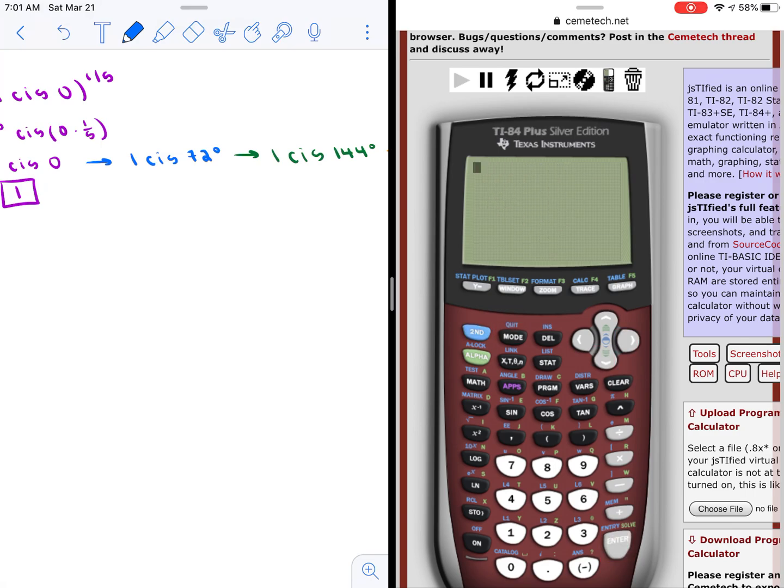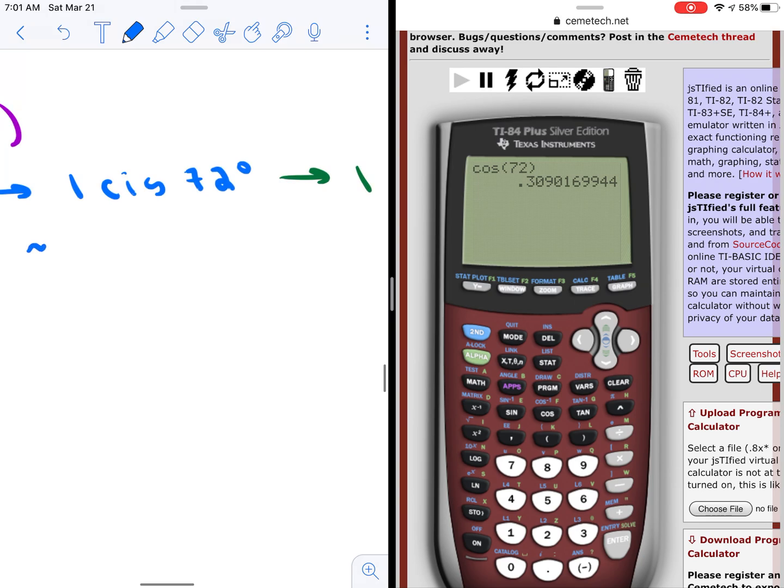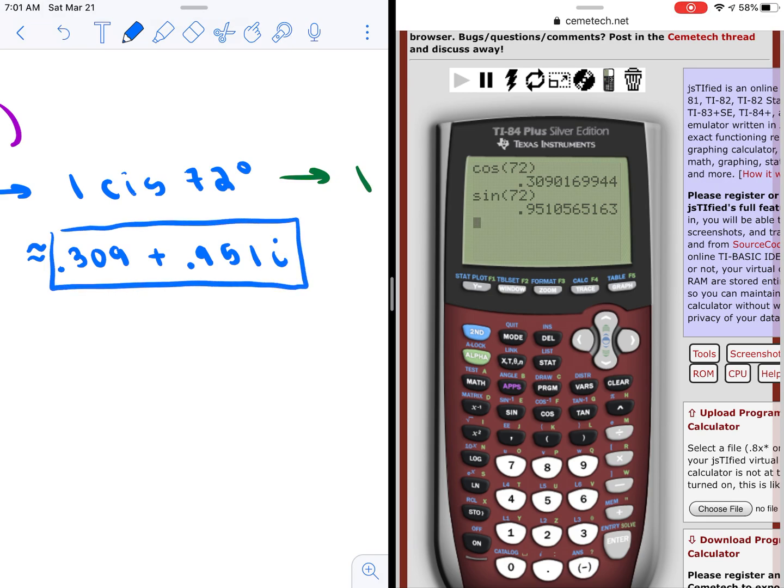And then what we can do is find the cosine of 72. That would give us approximately 0.309 plus, and then we would find the sine of 72, which gives us 0.951i as that second solution.